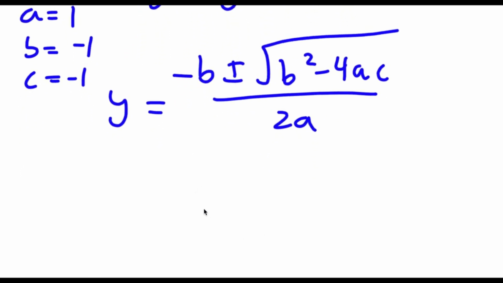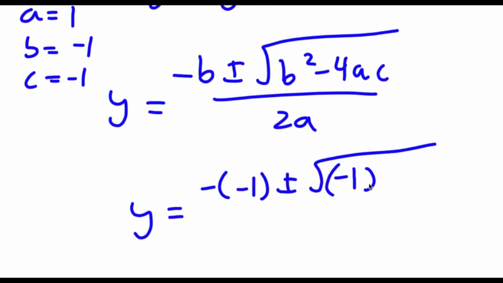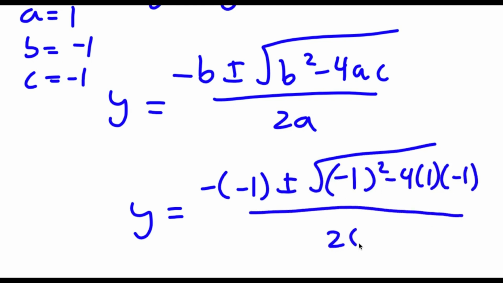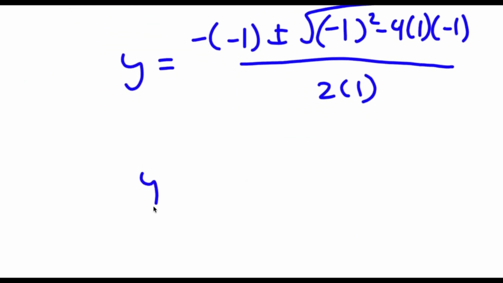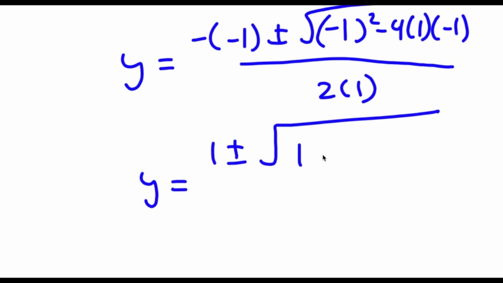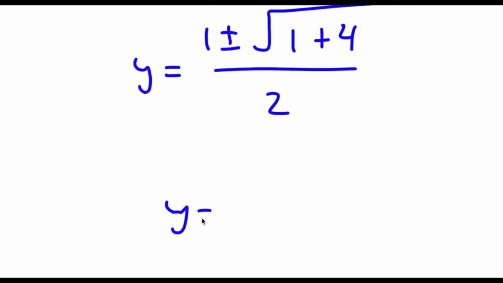So now I have -1 plus or minus the square root of -1 squared minus 4 times 1 times -1 all over 2 times 1. So now this is equal to 1 plus or minus the square root of 1 plus 4 all over 2 times 1 is 2. And now this is equal to 1 plus or minus the square root of 5 over 2.